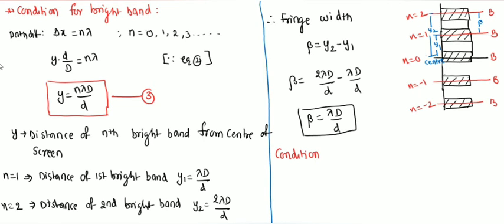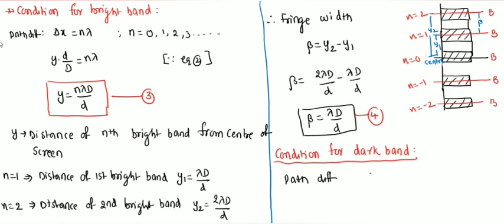What is the condition for the dark band? Yes, we already know it. This is equation 4. The condition for dark band is that the path difference delta x is equal to n minus 1 by 2 into lambda.